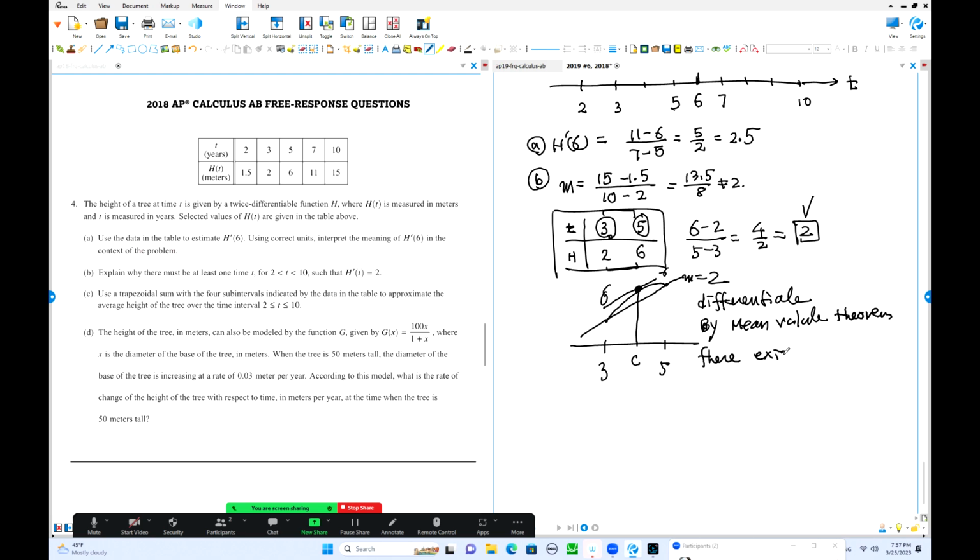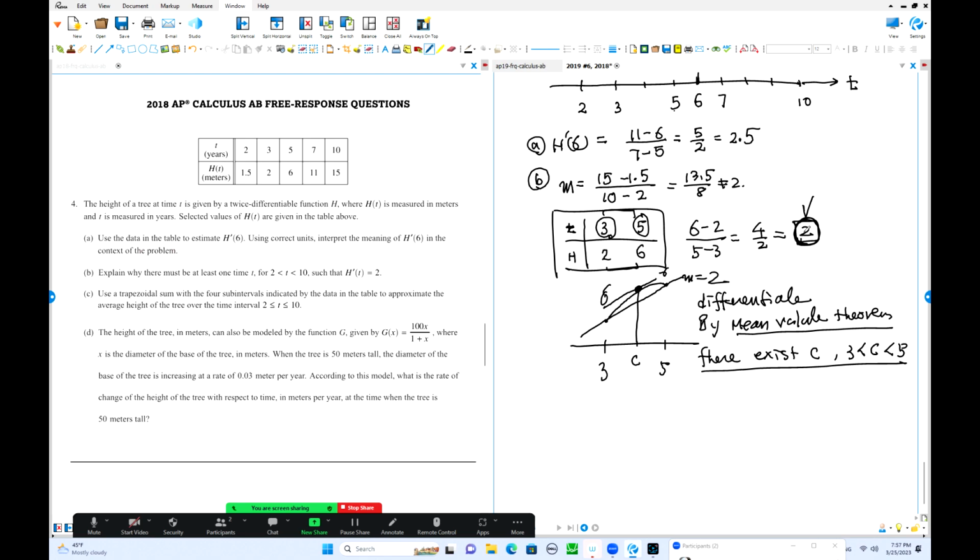There is a C between 3 and 5, but C must be between 3 and 5, okay? By mean value theorem, you have to say this. If you don't say mean value theorem, no credit, okay? You have to say by mean value theorem. The condition you also have to give. This is exactly right, equals 2, okay?